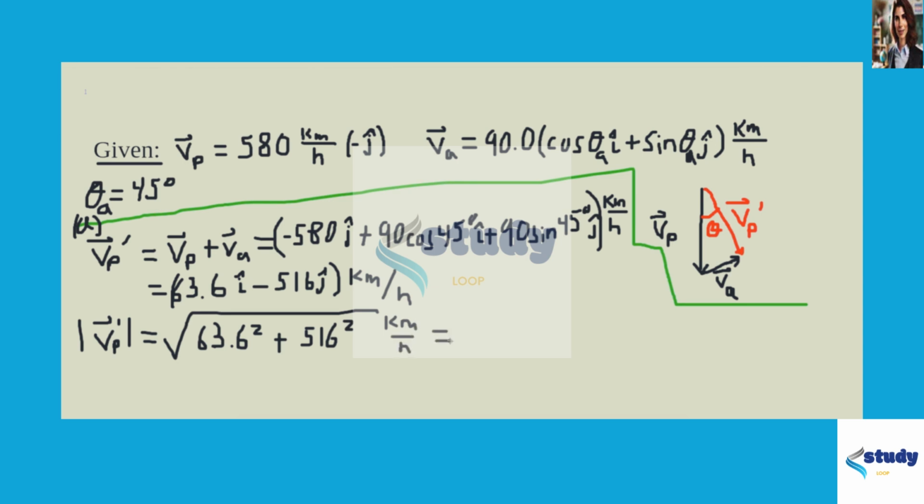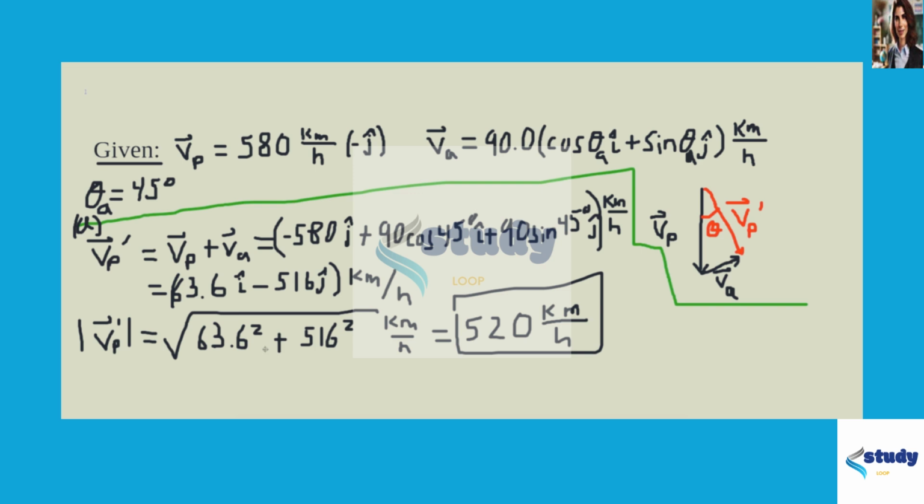Okay, if you carry out that calculation, you find it equals 520 kilometers per hour. That is the new speed. So we did lose a little bit of speed if you compare the magnitude of v of p to the magnitude of v of p prime. Okay, we'll box that in because that's part of our solution for A.